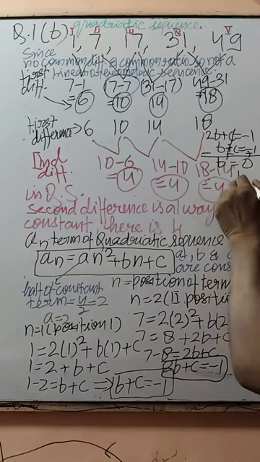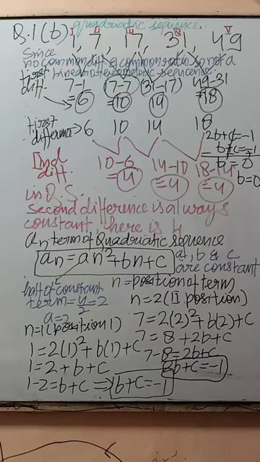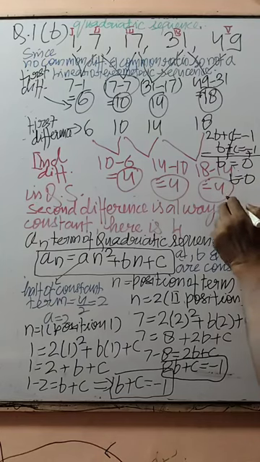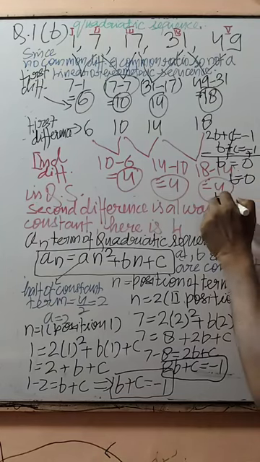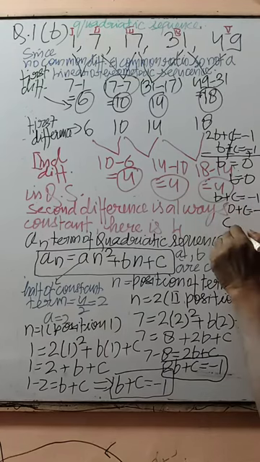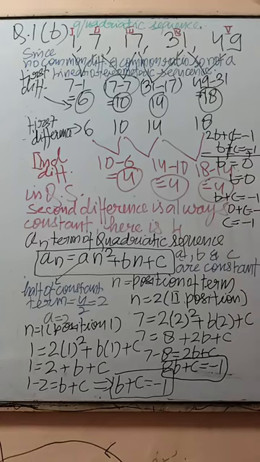So we get B is equal to 0 here. So B plus C is equal to minus 1, so 0 plus C is equal to minus 1. So C is equal to minus 1.